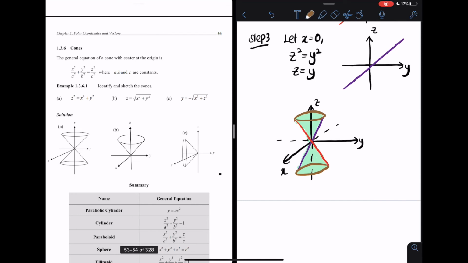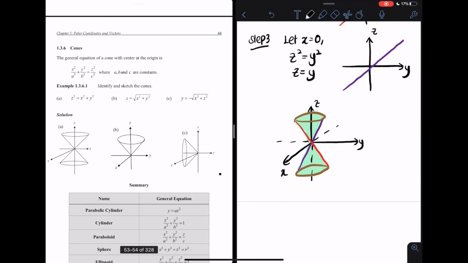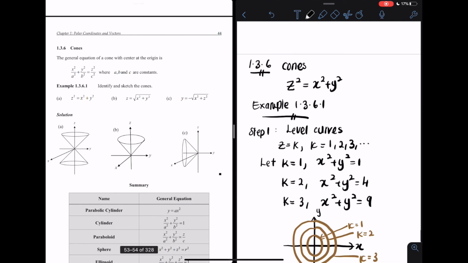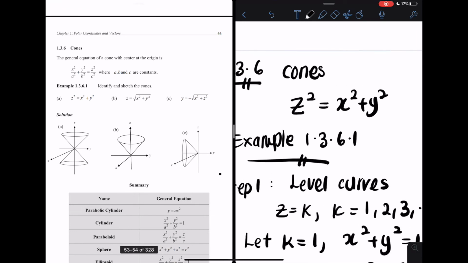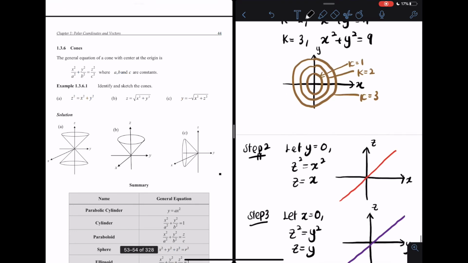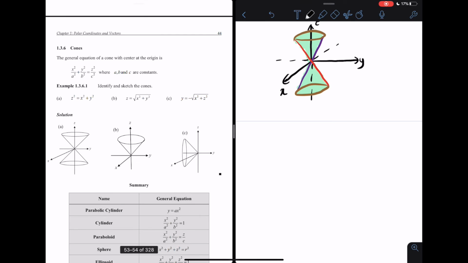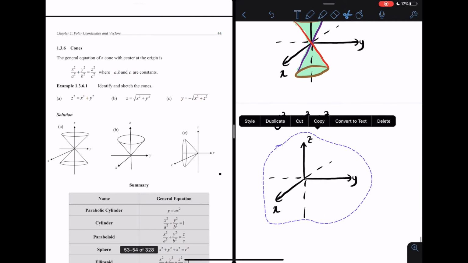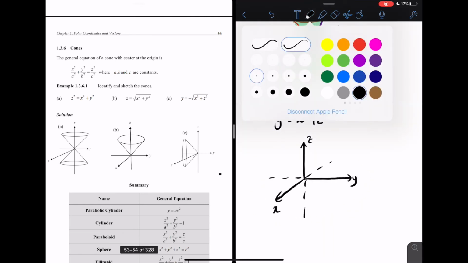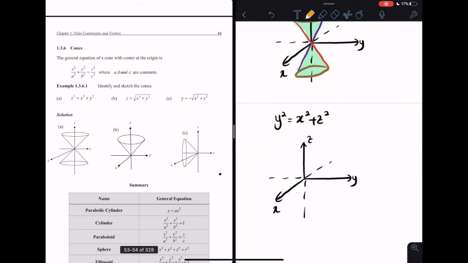You can predict what will happen if you let x or y on the left hand side. What will happen if I have y squared equal to x squared plus z squared? I believe each and every one of you can predict what will happen to this surface. It will be traced along the y-axis.